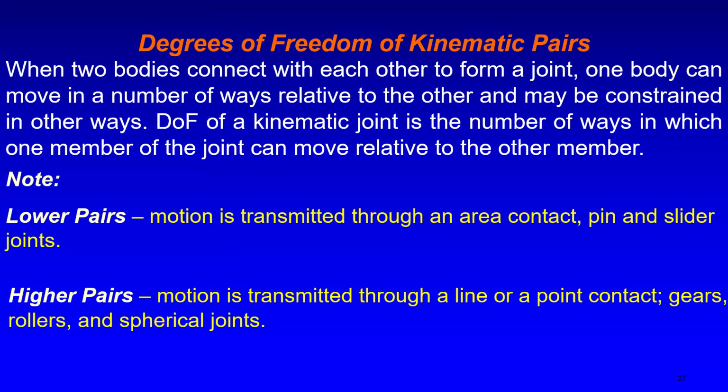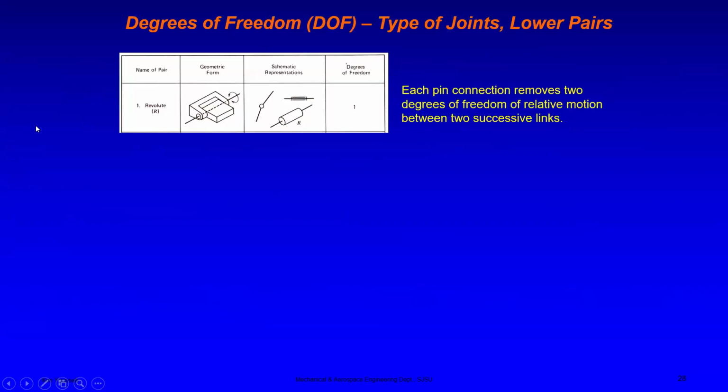Those are lower pairs. That is an example of the crank and slider. Now for higher pairs, motion is transmitted through a line or a point contact, such as for gears and rollers, as well as in spherical joints.